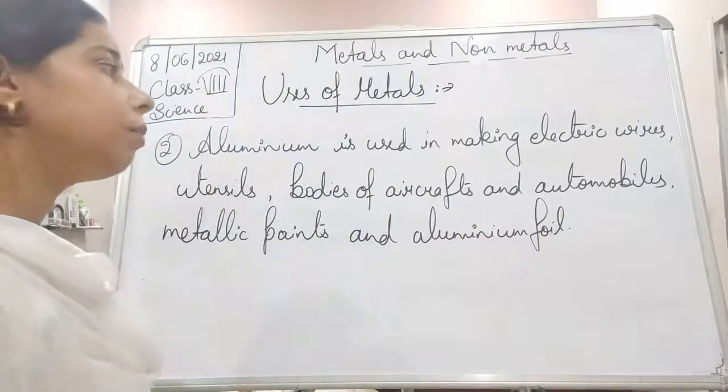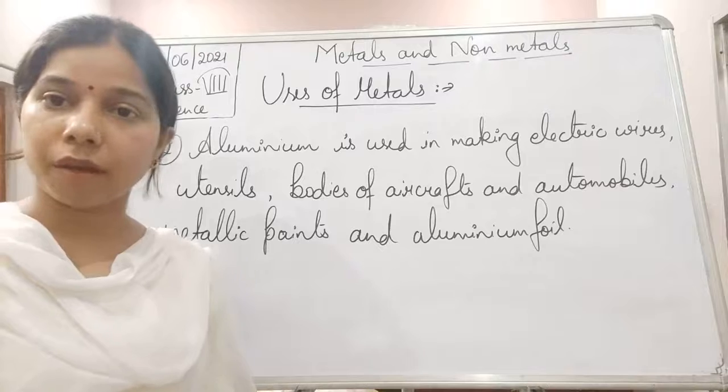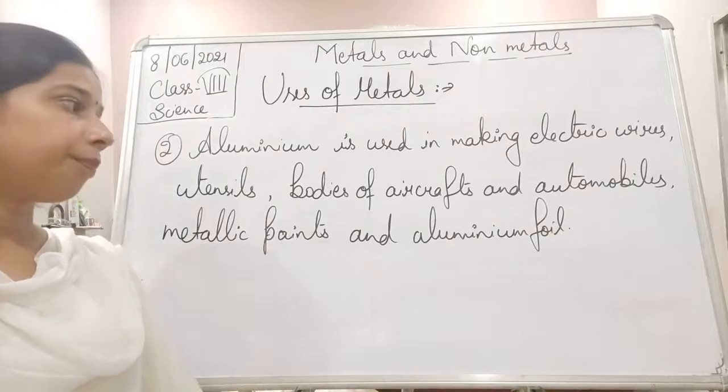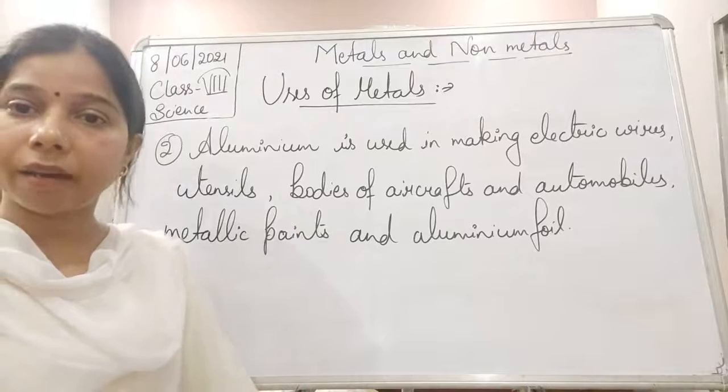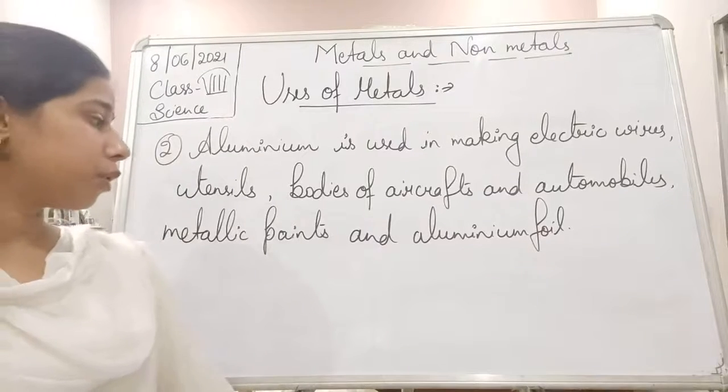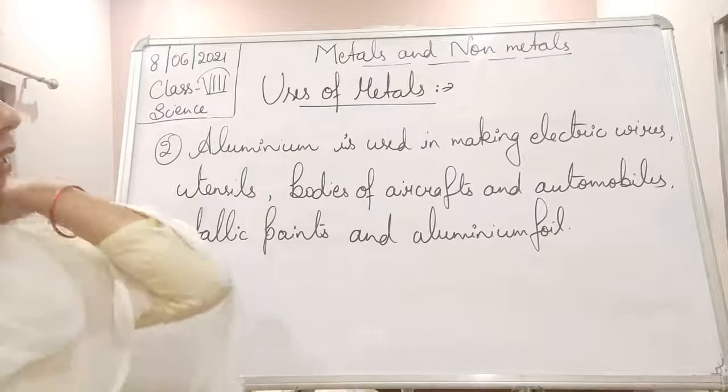So aluminium is used in making electric wires. It is also used in making utensils, bodies of aircraft and automobiles, as well as metallic paint and aluminium foil.